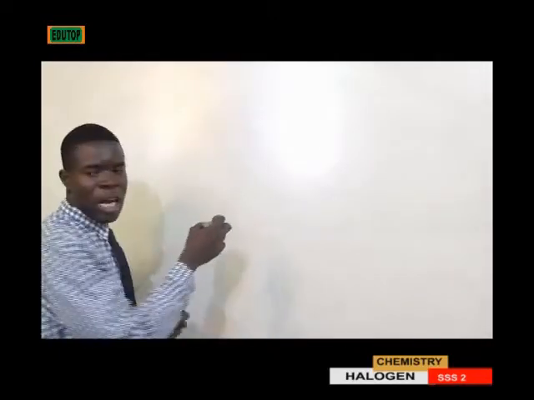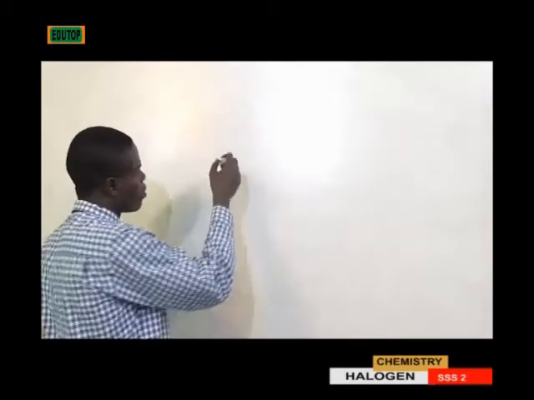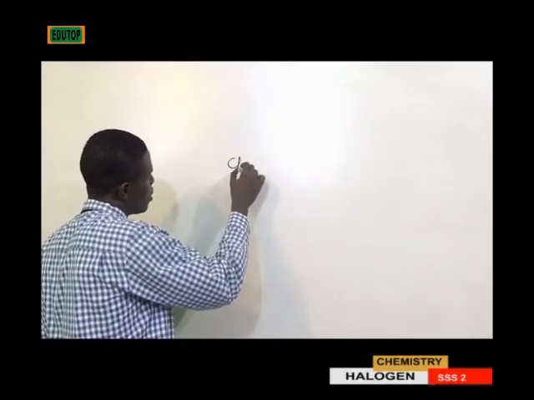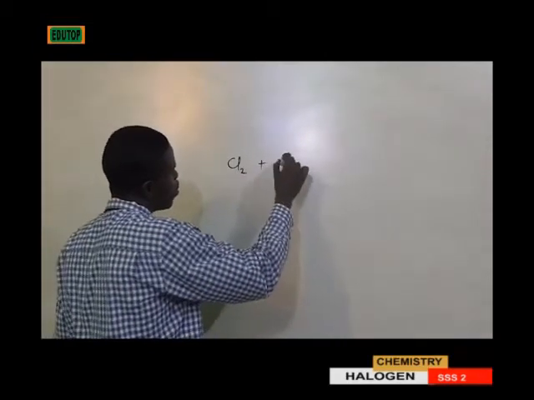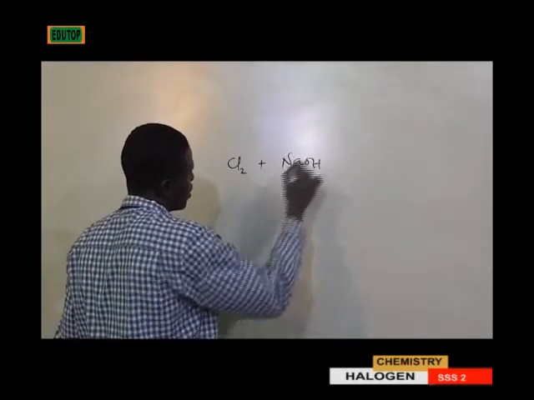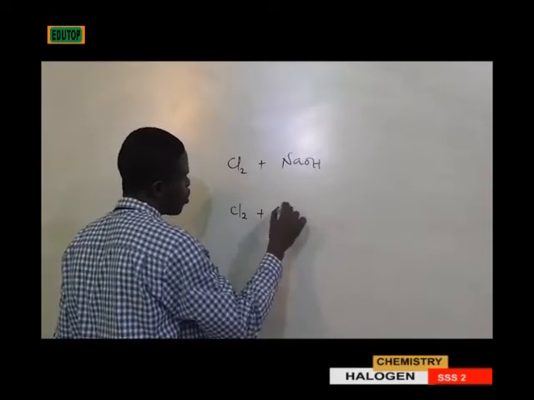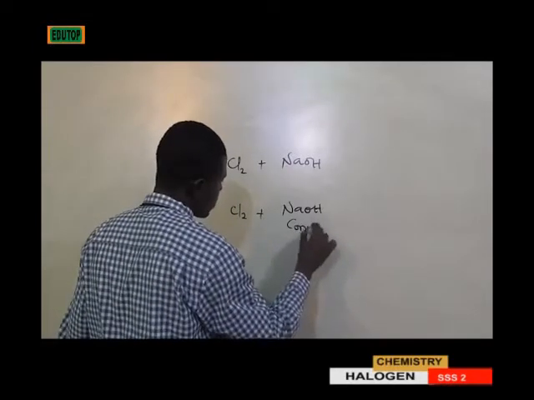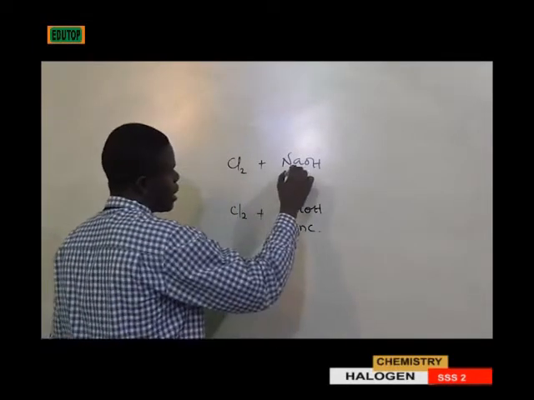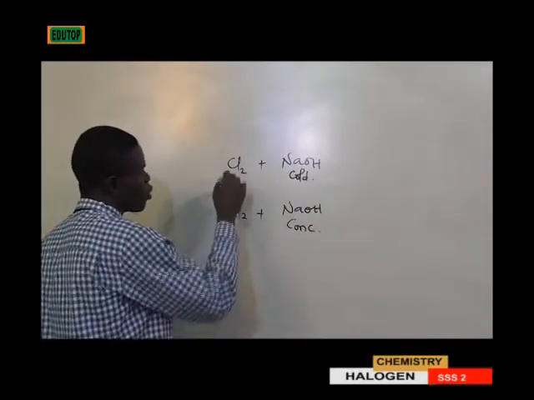So in this situation, when chlorine reacts with sodium hydroxide, in the cold, that is the dilute form, the ratio is 1 to 2.